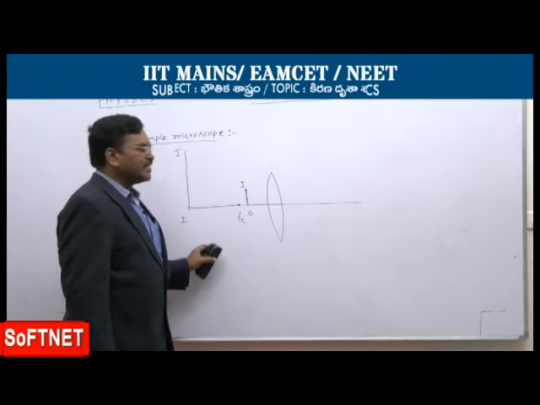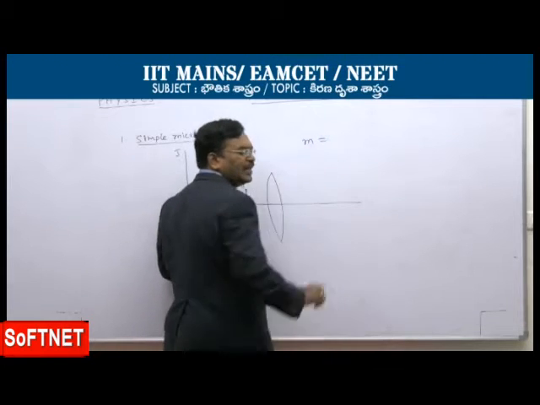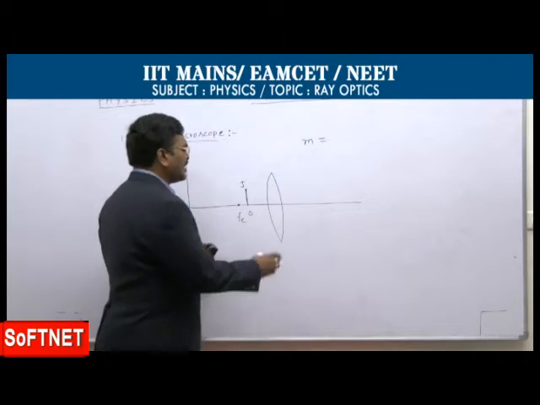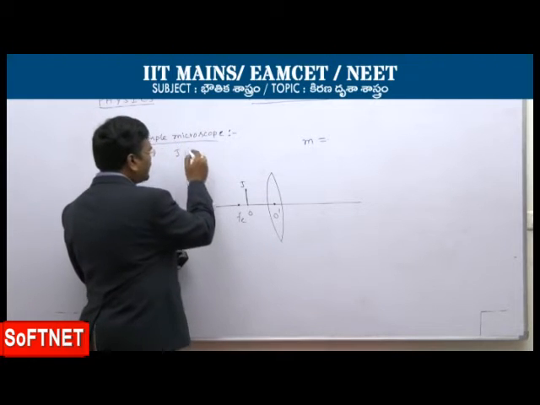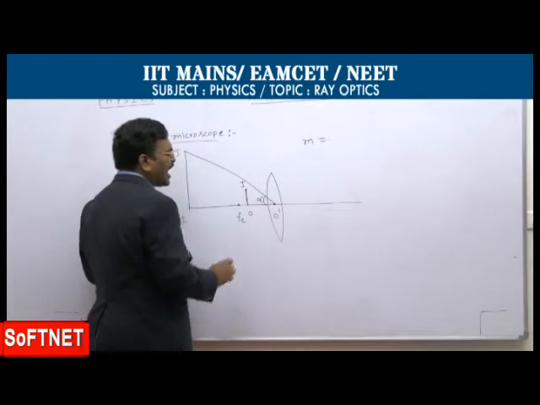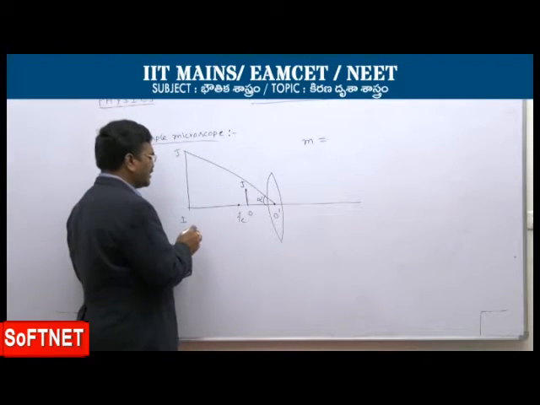Magnification is defined as the ratio of the angle subtended by the image at the eye when formed at the near point to the angle subtended by the object at the eye when imagined to be at the near point.